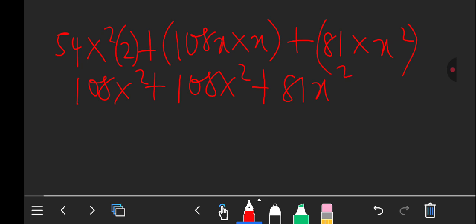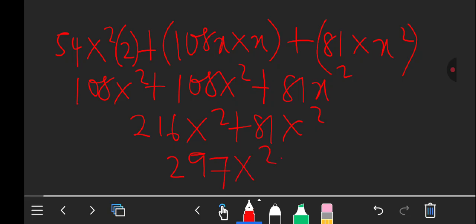What is 108 plus 108? That should give 216, right? 216x squared, then plus 81x squared. What is 216 plus 81? That should give, not 296, 297. 297x squared.